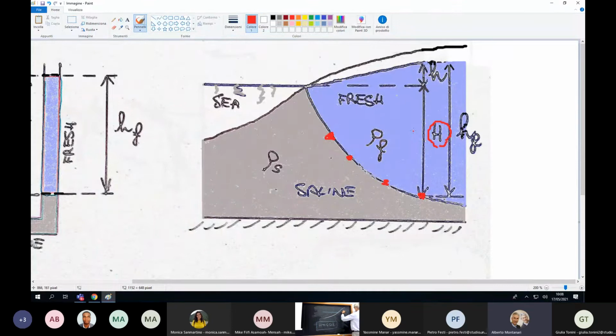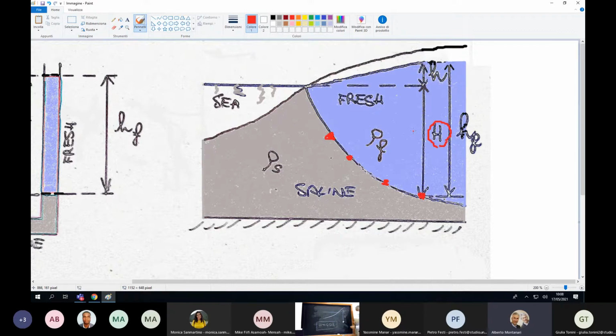This is my lowercase h, and let's suppose that the equilibrium is here. I am interested in knowing this uppercase H.